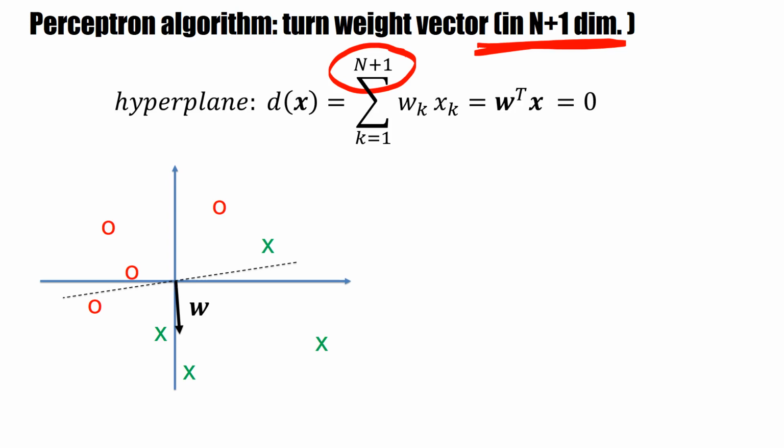Now let's look at this situation here. All the green samples should lie on the same side as the pointing direction of the weight vector. So this one here is correctly classified, this is as well, this as well. However, this one is not.